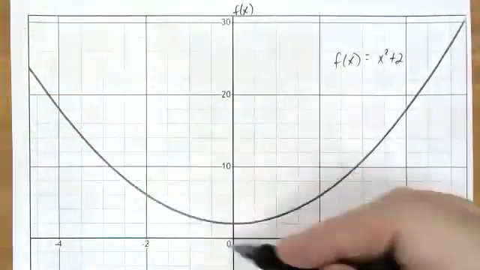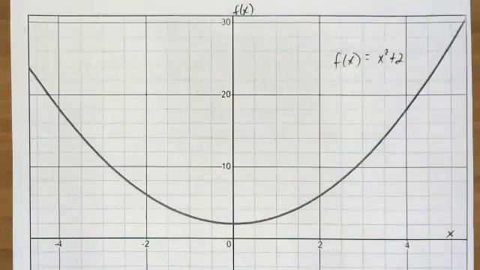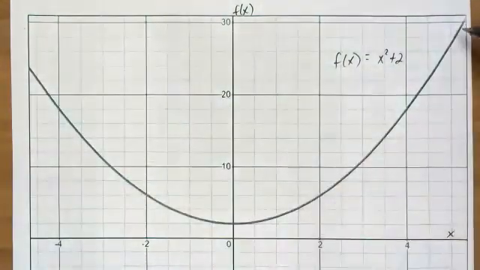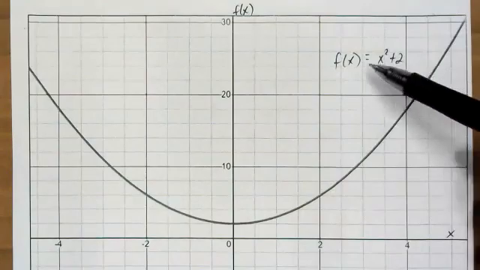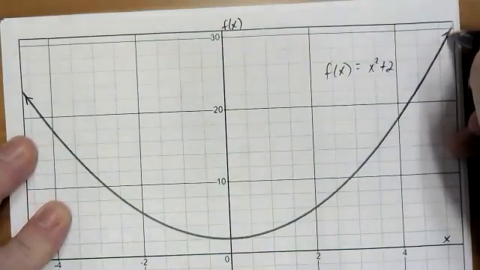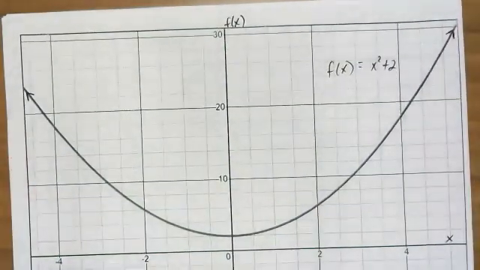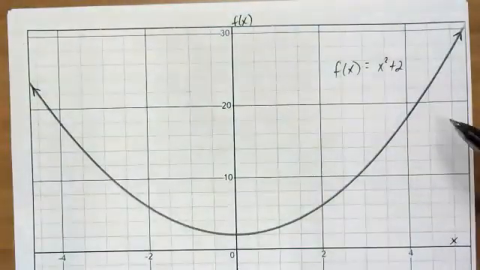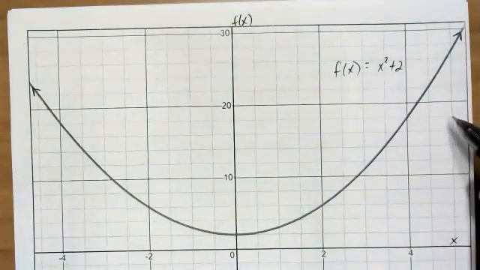So say you're given this graph, say it's some kind of problem, and then you're asked to answer some questions about this graph, which really means you're answering questions about this equation. Normally when I do the graph, I would put arrows on the end, which means this goes on forever and ever. Now let's look at some questions.